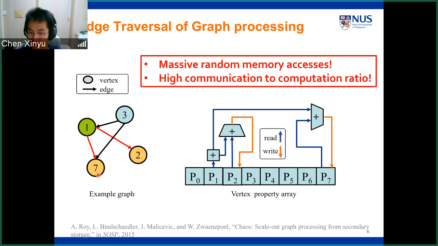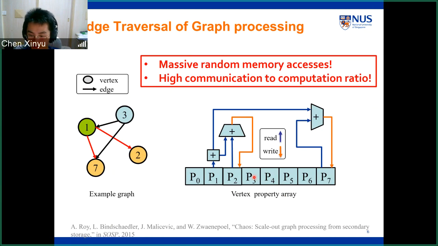Once the graph is very big, these numbers can be very far away from each other, and then access to this array can be very random. Secondly, it has a very high communication to computation ratio. In this example, we read and write several pieces of data, but we only do one computation, like accumulation.